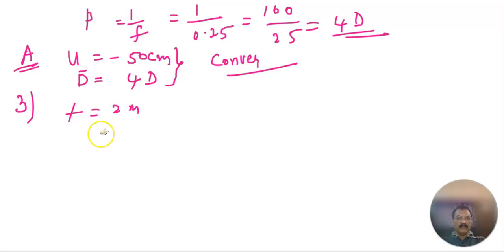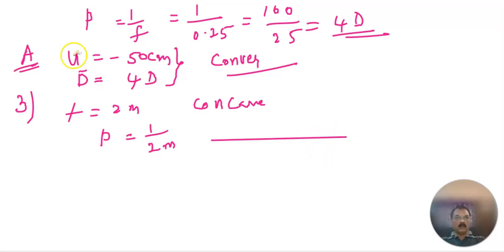So the simple formula is P equal to 1 by 2 meters. But it is concave. Just see the rough diagram over here, you can easily understand this. This is a concave lens.